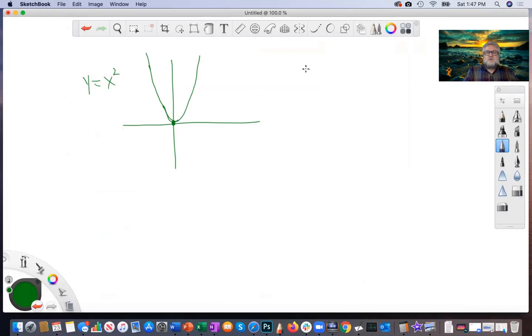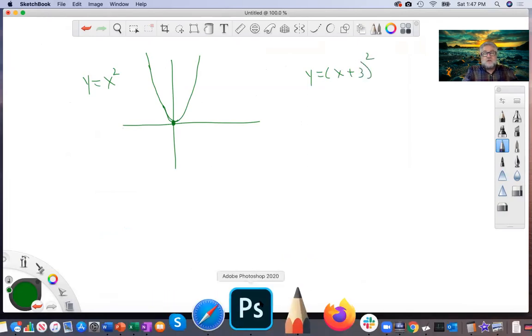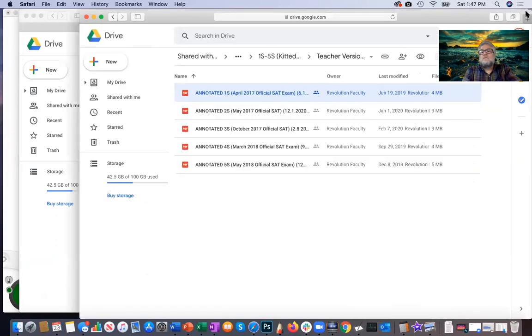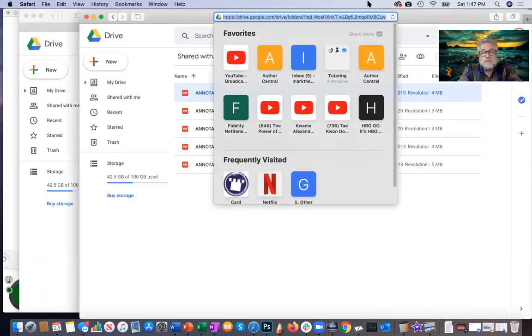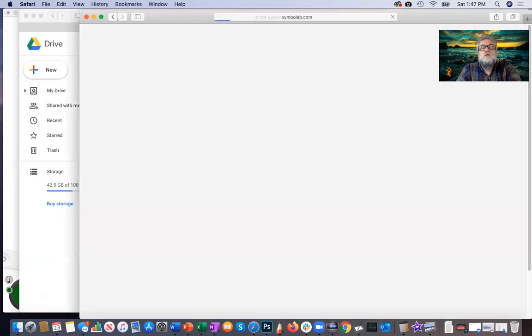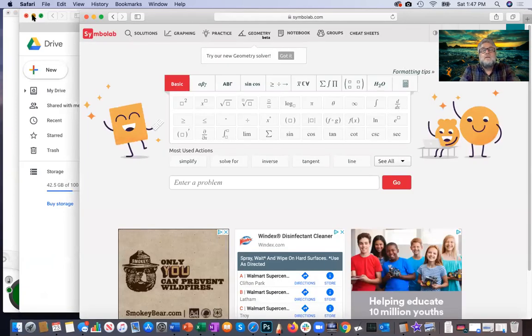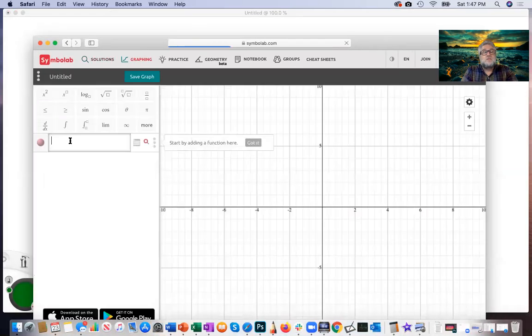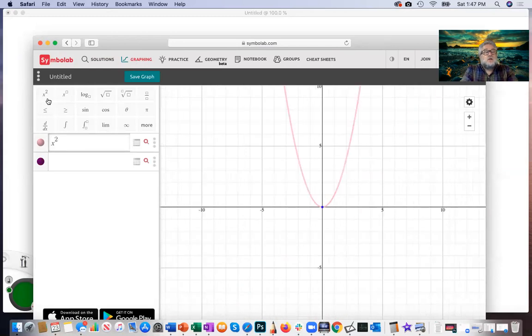But if I do y equals (x plus 3) squared, what's that look like? Well, let's go to my little friend, Symbol Lab. Okay, I'm going to go to the graphing calculator, and I'm going to put in x squared.